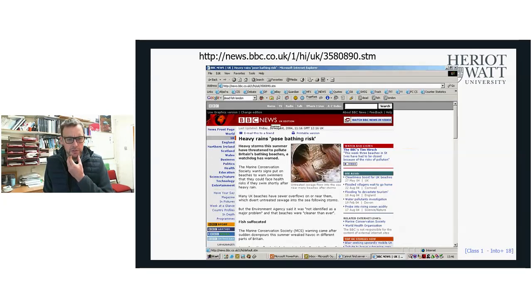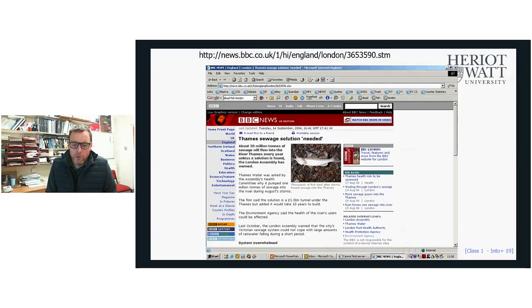A few years ago, this slide goes back to 2004, there was quite a lot of heavy rain in London, and there was quite a lot of CSO spills. This had quite a negative impact on the water quality in the River Thames. By and large, the negative impact on water quality is not that visible to the average person looking at the river.